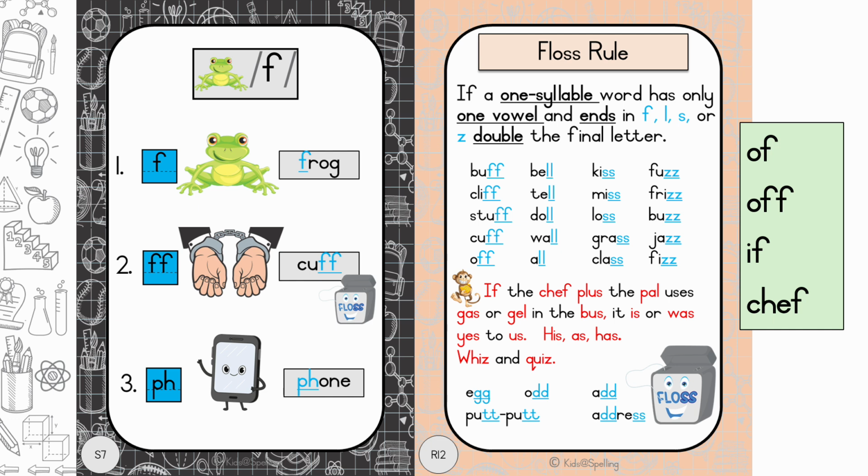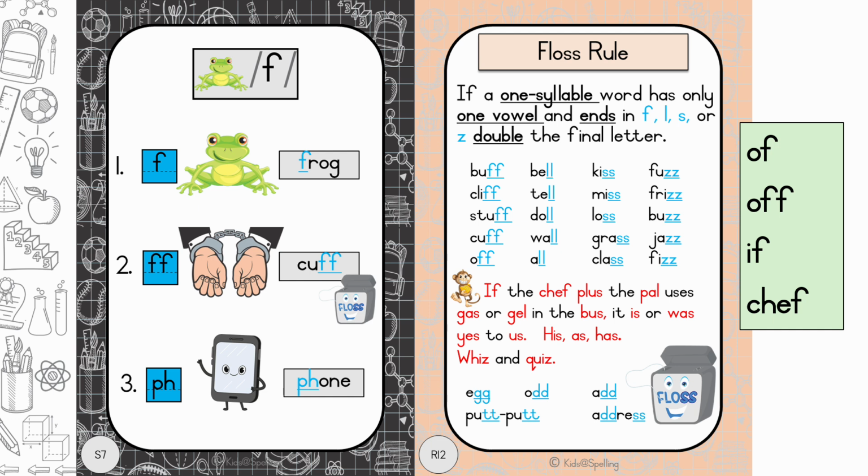Because you do not double the F, although the word is a one-syllable word with a short red vowel. So they are the exceptions. Children need to study and memorize it. You can also see we have the of and the off. I will explain the difference between the two in the next slide.